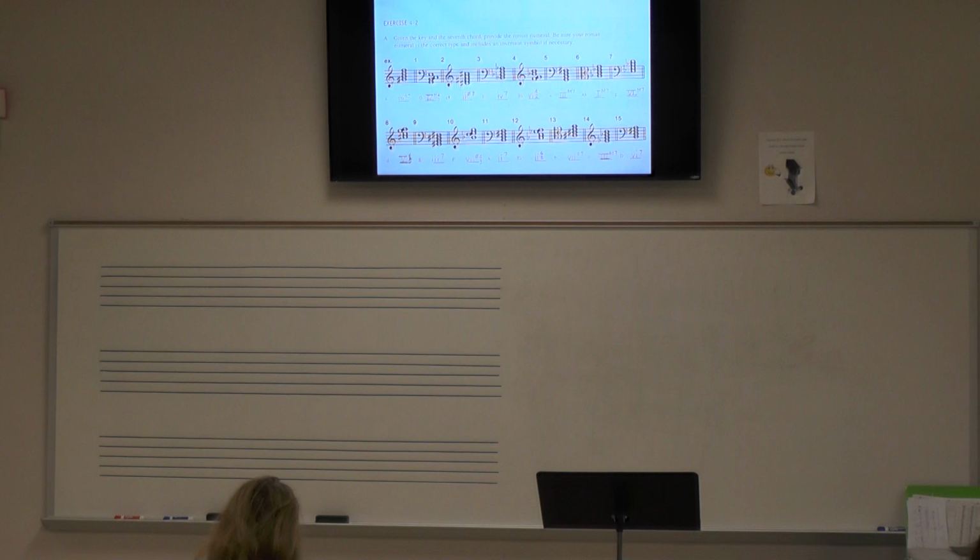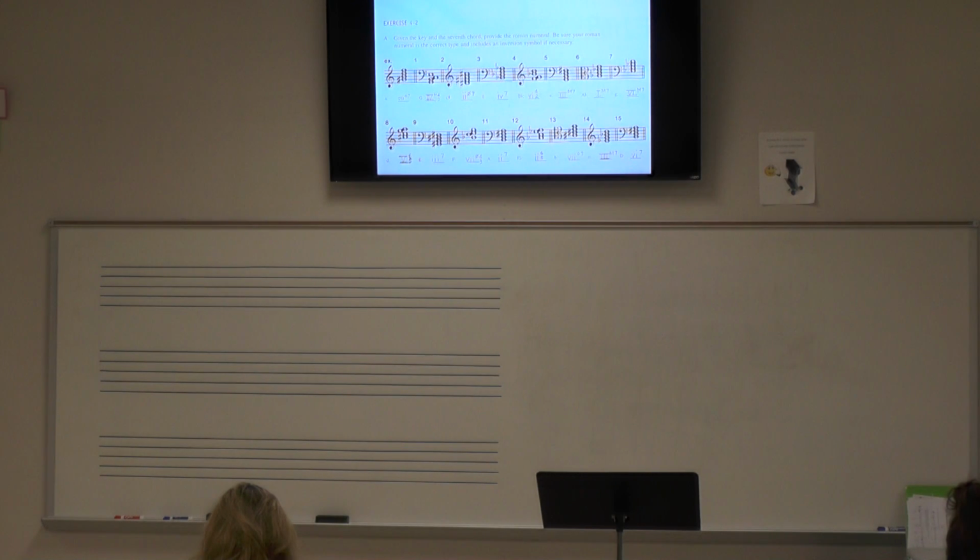But for number 1, for instance, capital Roman numeral 4 with an M7 and then 4-3 to show its bass position. Number 2 is lowercase 2, half diminished 7, root position. Number 3, a minor 4 with a 7.